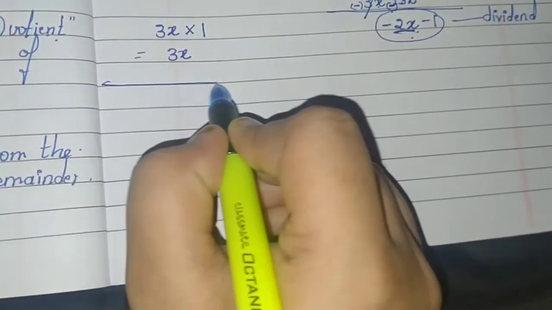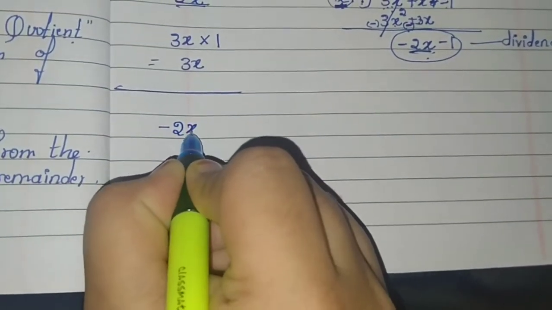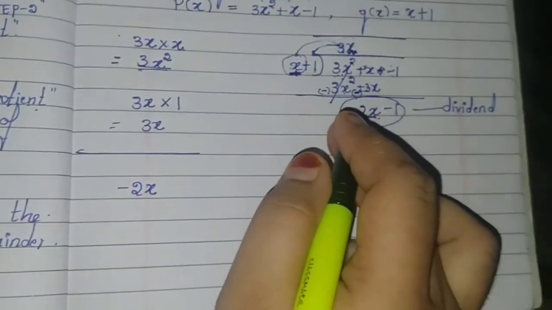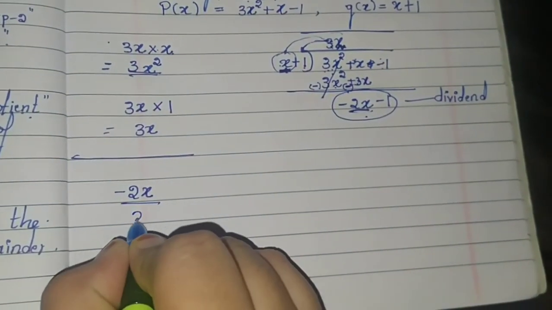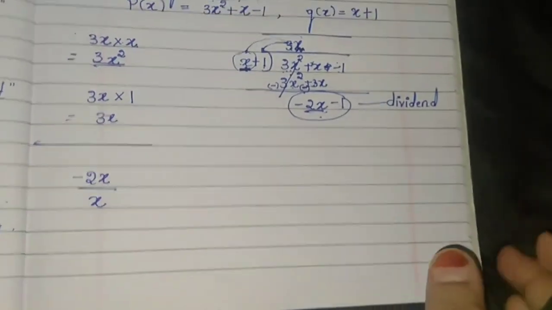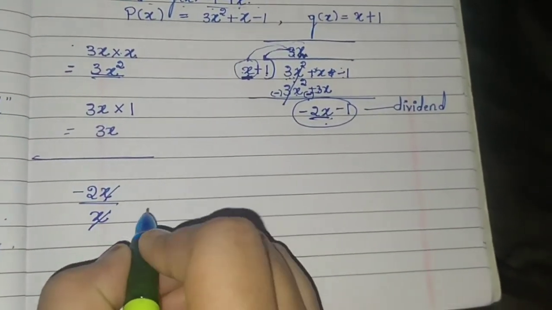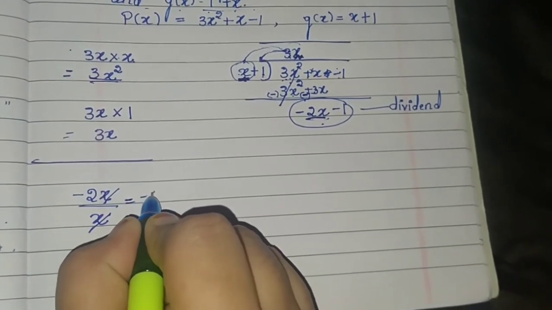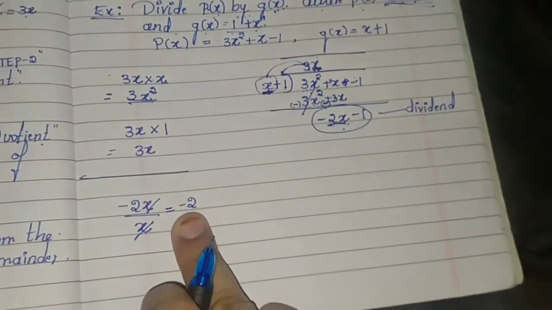So here I'll do it roughly. See, the first term of the dividend is nothing but 2x and the first term of the divisor is nothing but x, isn't it? So now x and x will get cancelled. Yes. So what is remaining here? Minus 2, isn't it?